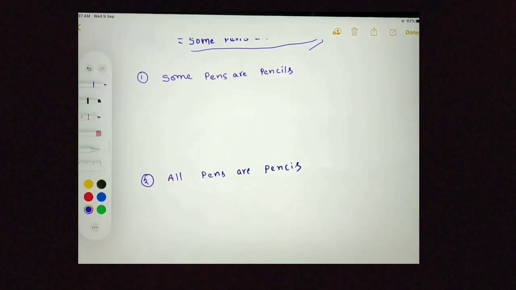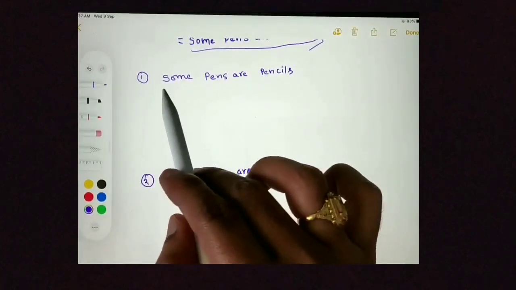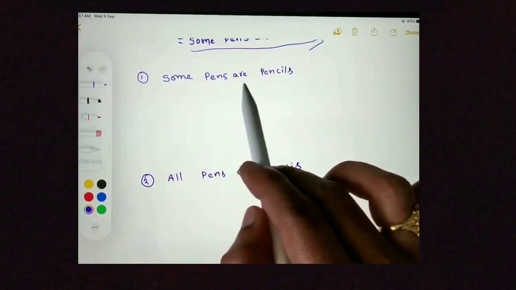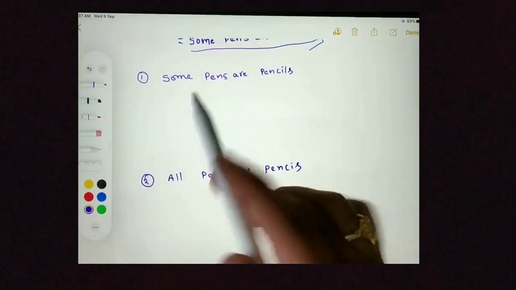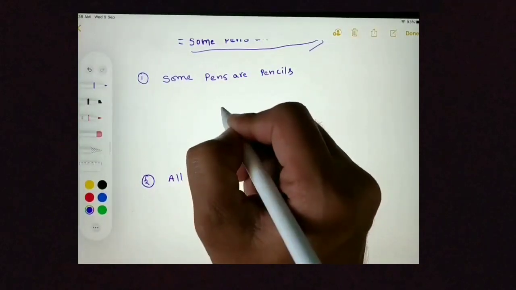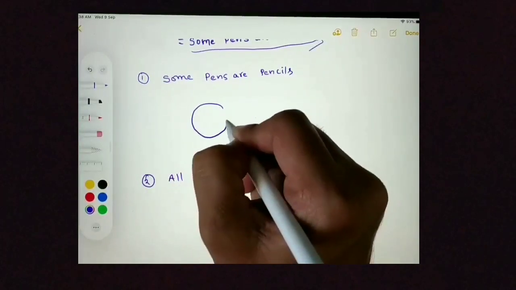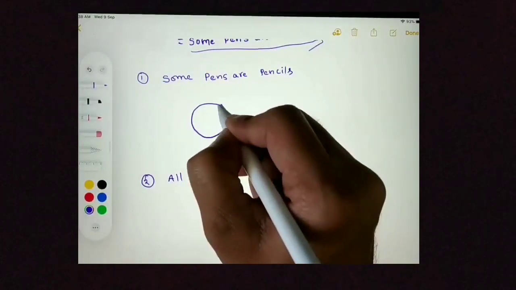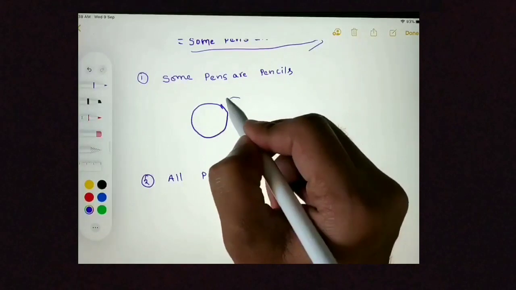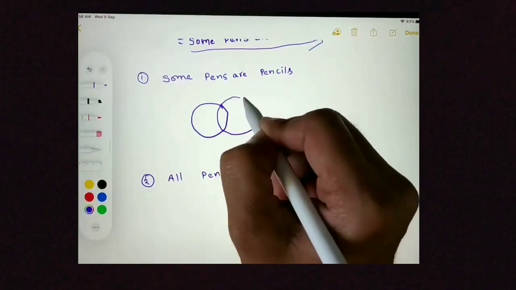Now let us see how to draw a Venn diagram. For statements like some pens are pencils, wherever you see some, we can draw the Venn diagram like this. I draw two circles. One circle represents pens and another circle represents pencils.